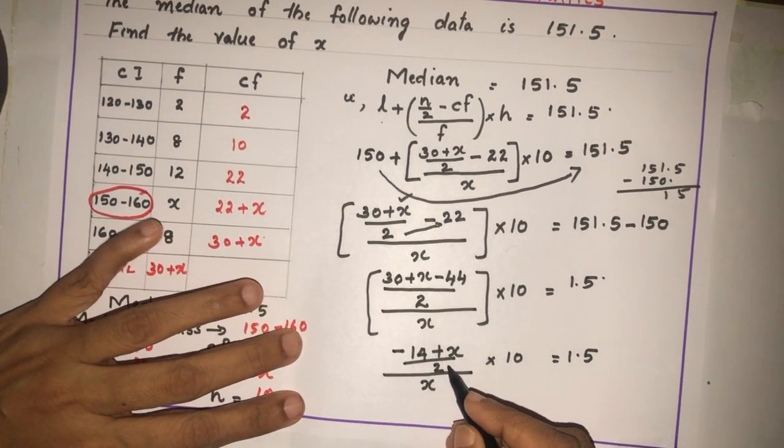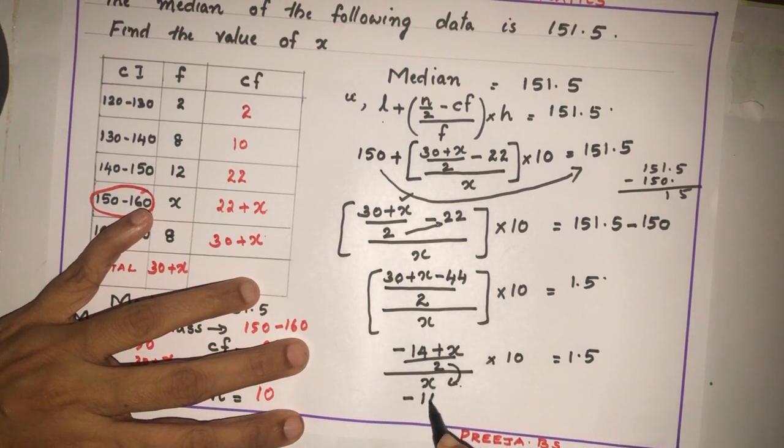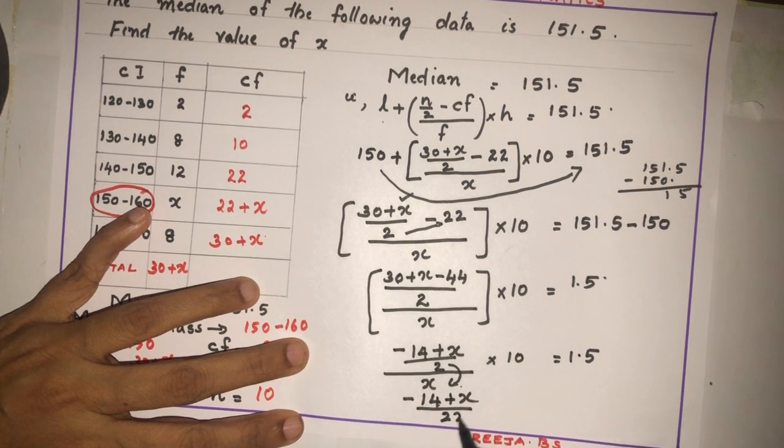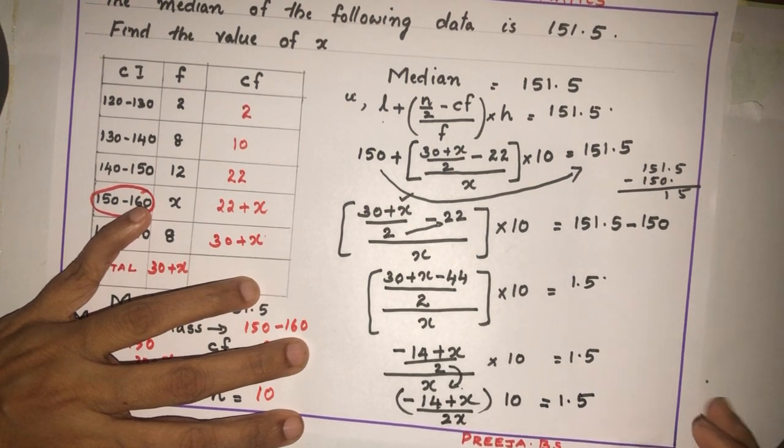Now we can take this 2 also with this x: (minus 14 plus x) by 2x multiplied by 10 equal to 1.5. Okay, children.